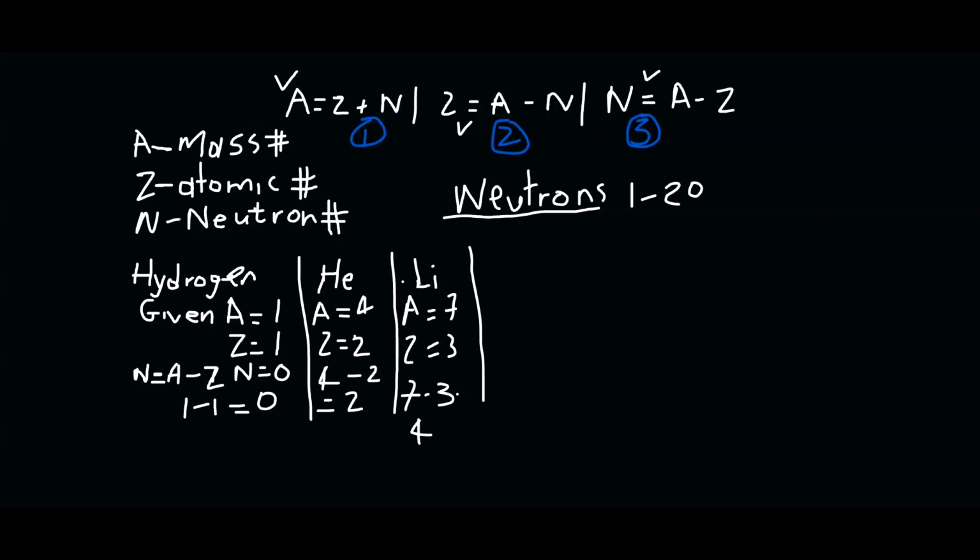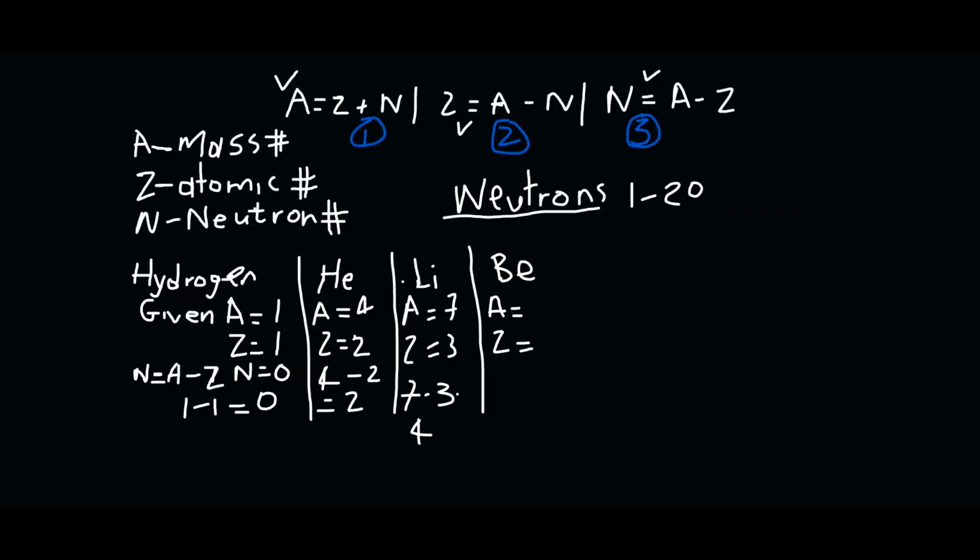So Li, what's after lithium? Hydrogen, helium, lithium, beryllium. Good. And then what's the mass number of beryllium now? 9.